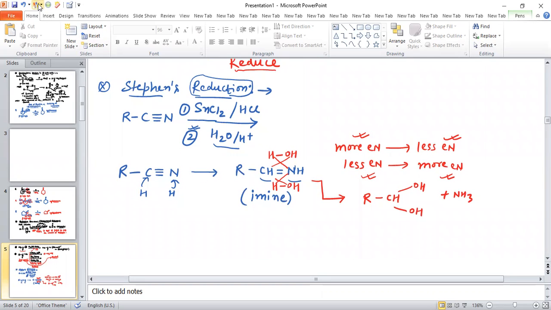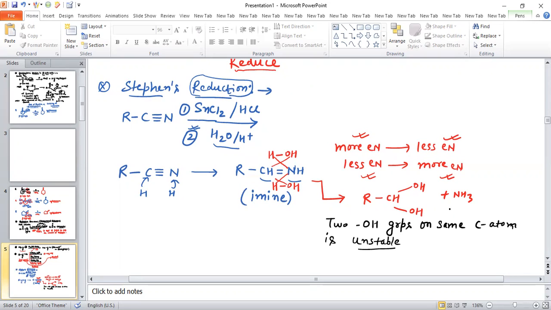You can say two OH groups on the same carbon atom. Two OH groups on the same carbon atom is unstable.